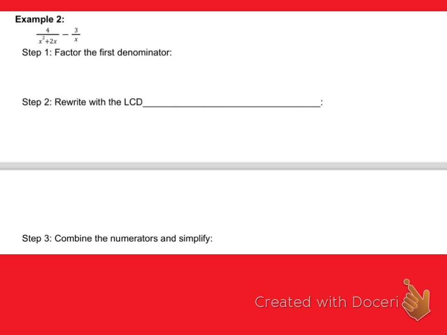Example 2. All right, what would be the factor of the first denominator? X plus 2, x plus 0. It would be, what's the GCF there? X. So you do with x plus 2. So what would we need to multiply the second term by?